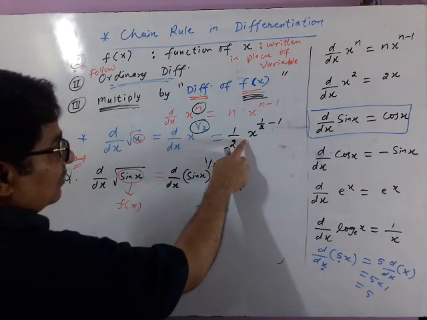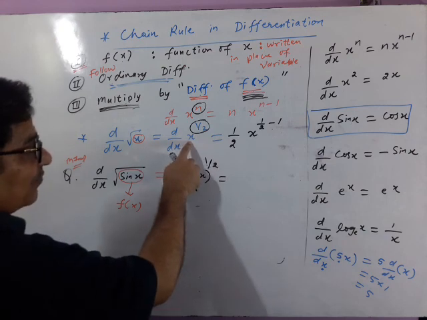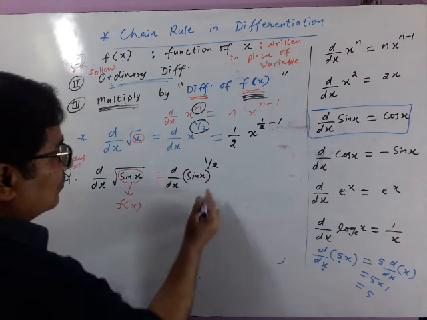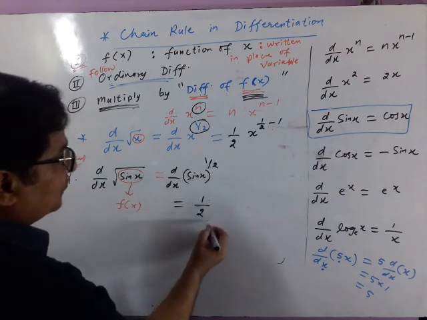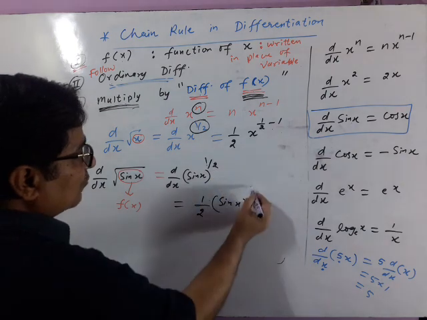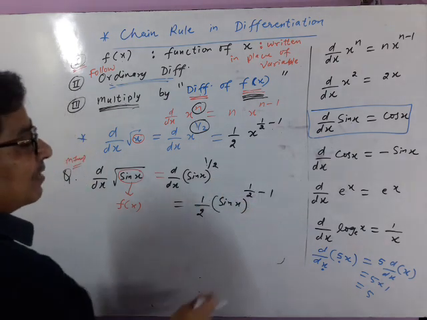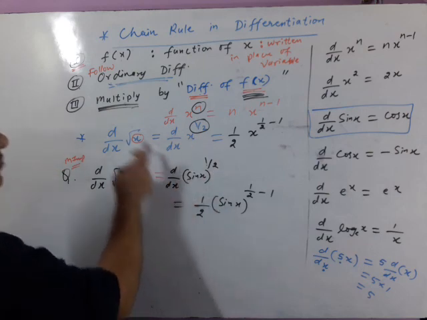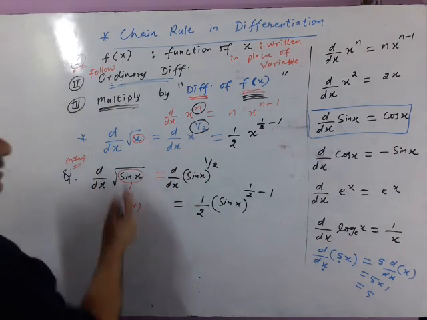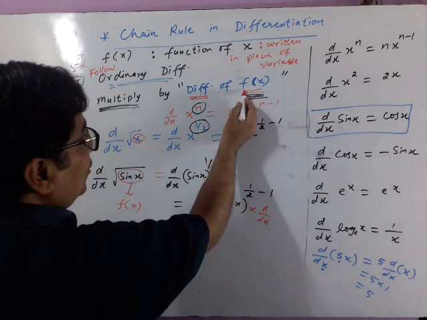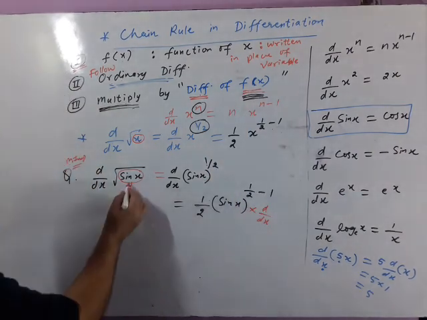Now follow step number 2, ordinary differentiation. The formula followed for x raised to the power 1 by 2 is the same formula obeyed by this. How? We will write it like this: half, (sin x) whole power 1 by 2 minus 1. Now this was ordinary. But you will have to follow step 3: multiply by the differentiation of the function of x. What is the function of x?